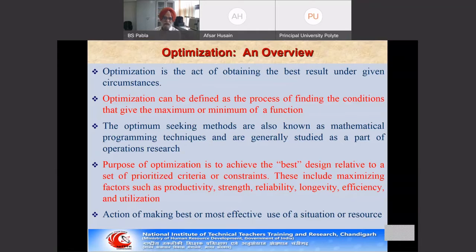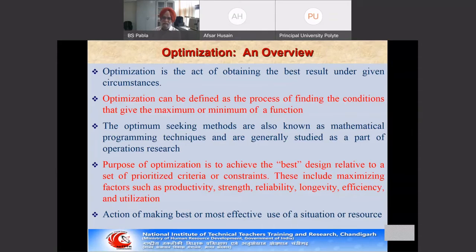Or there is a criterion: we want to reduce the cost of production, we want to increase the volume of production, the quantity of production. We want to improve the quality, we want to improve the surface finish, whatever is important at that time. Maybe at some times we may not be bothering about the surface finish, but we want more production.